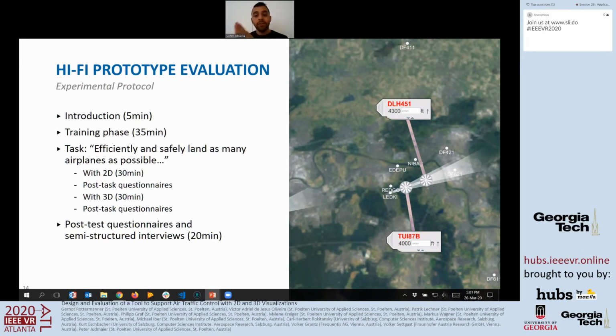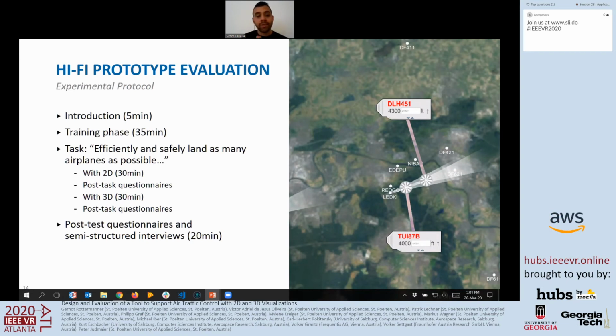So every participant in this study started with an introduction about the test for 5 minutes, and then went through a training phase for 35 minutes, in which all of them could just explore the tool in 2D and perspective views, see information about the airplanes, make questions, understand the controls.